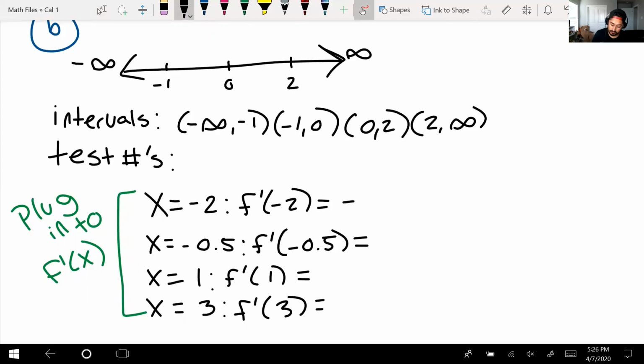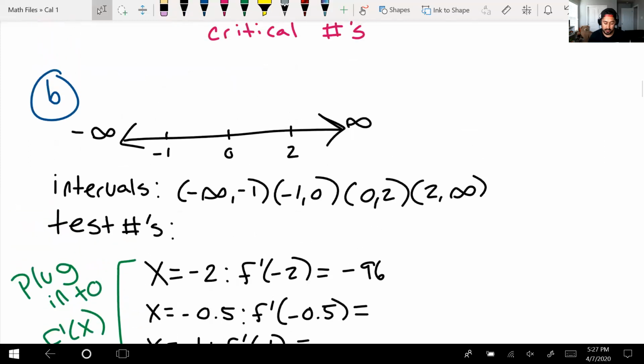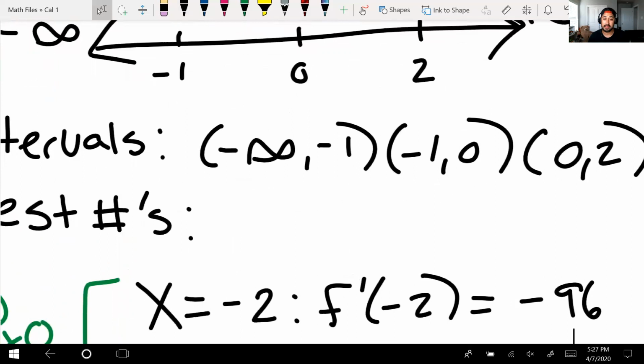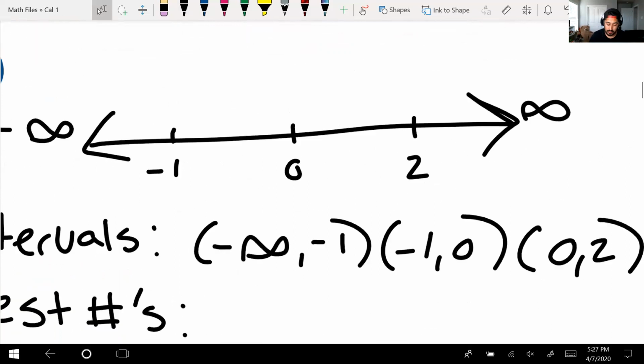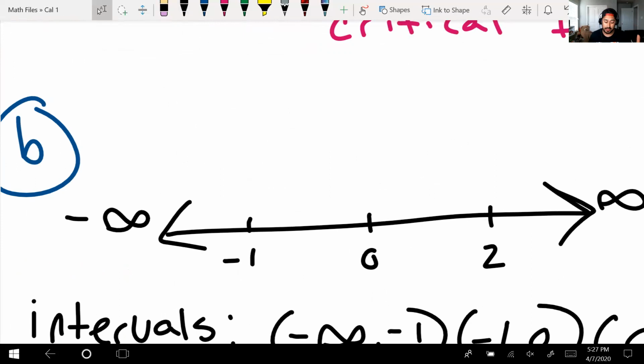Now come back down to these numbers, and -2 gives me -96. So let's look at our sign chart: since -2 came from the interval -infinity to -1, and the output was negative, this means that from -infinity to -1, the first derivative is negative, which means the original function is decreasing.